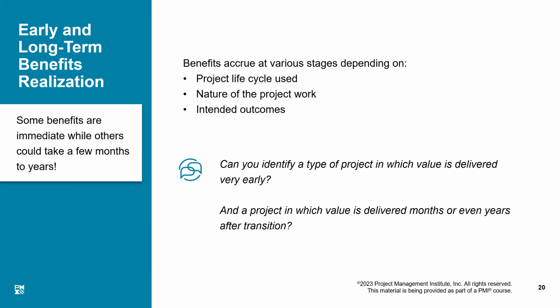So benefits accrue at various stages depending on project life cycle, nature of project work, and intended outcome. Outcome we normally associate with those benefits which are realized either during or immediately after the project has been completed. But the long-term benefits, I would rather like to call the benefit realization.